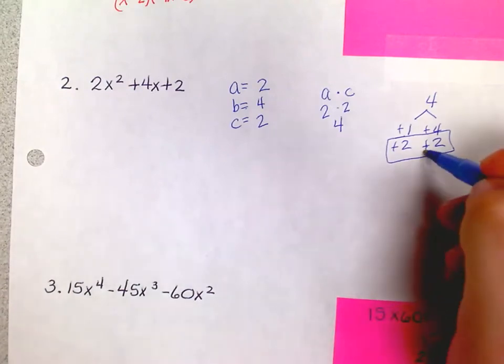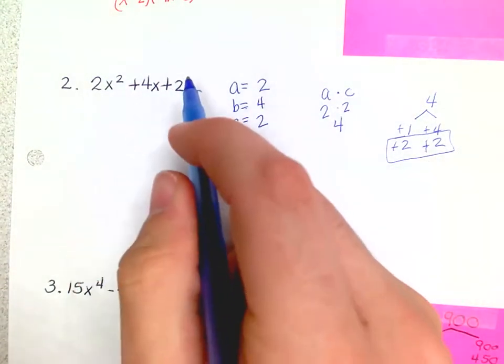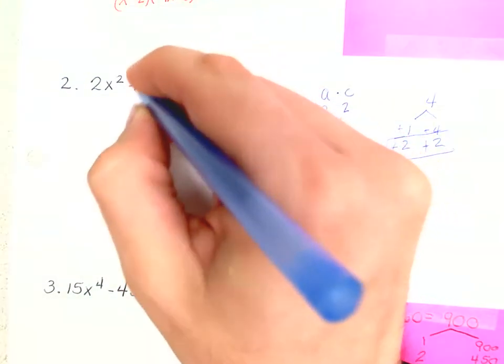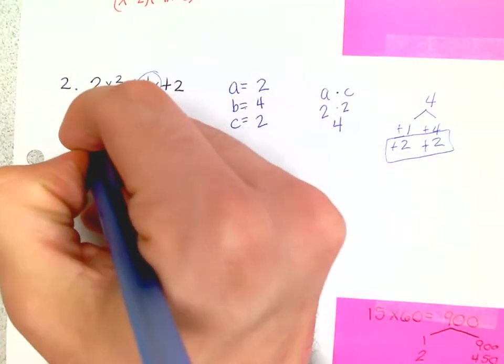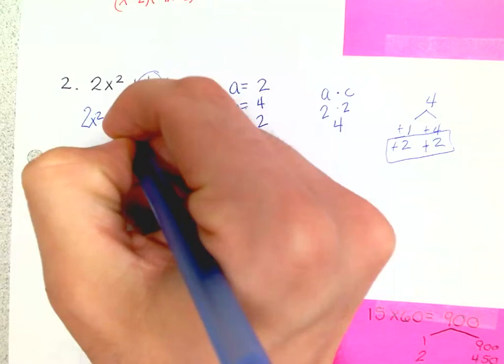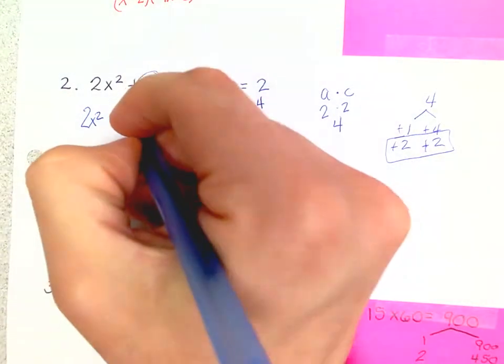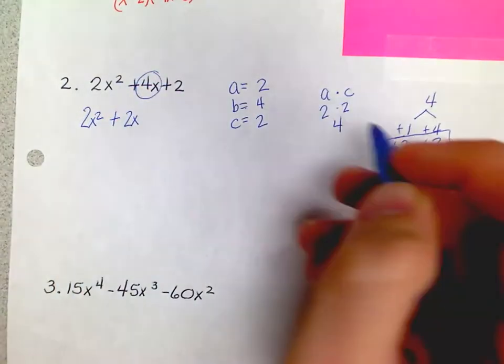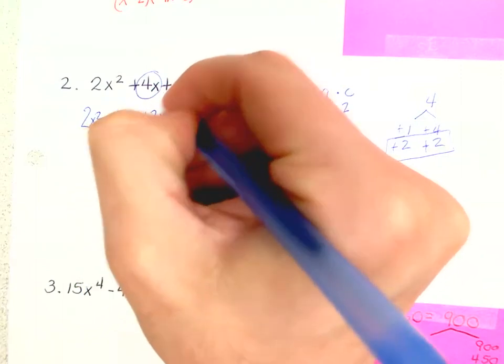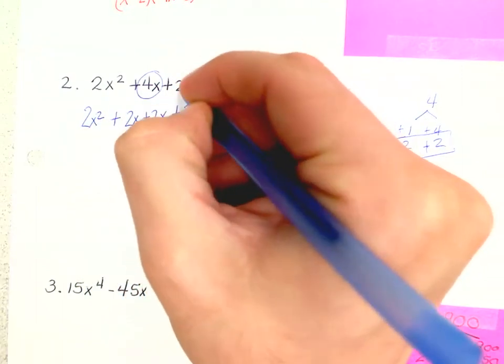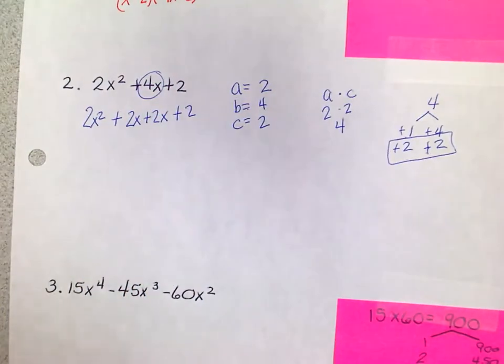So let's take the 2 and 2, attach x's to them, and replace it in the b term. So let's write 2x squared plus, we'll take 2x from here, and then put a 2 here, attaching an x to it, and then just write the final c term, or plus 2.